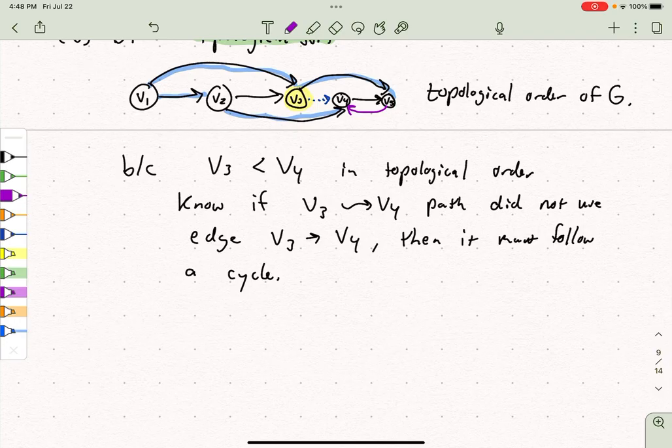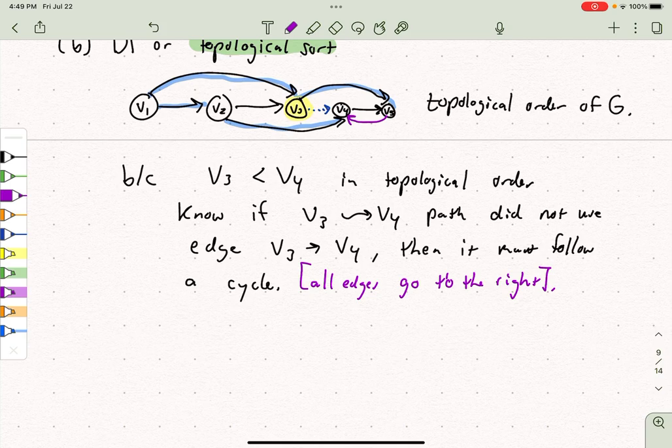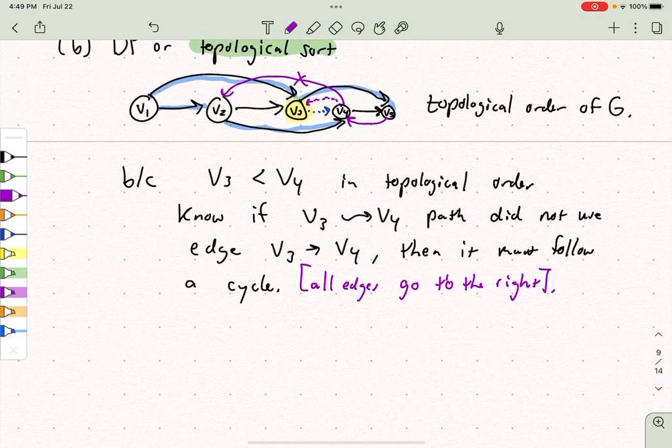And that's just because topological orders make sure all the edges go to the right. So if we didn't have an immediate edge from V3 to V4, the only other paths must have had an edge going left, back to V4. And similarly, there's no way for V4 to get to V3 without going backwards, either directly to V3 or backwards to something earlier that would then get to V3. But those edges can't exist.